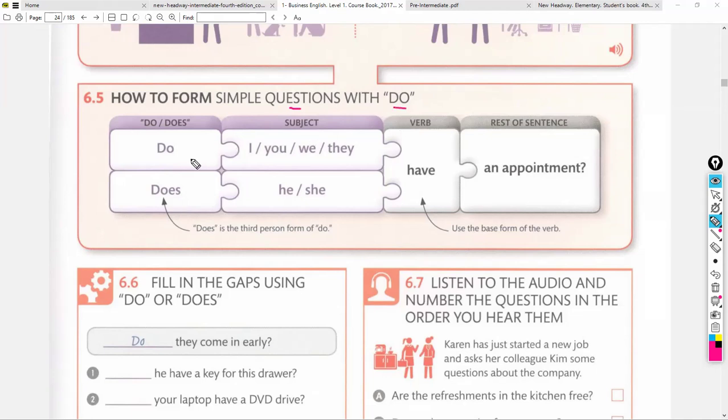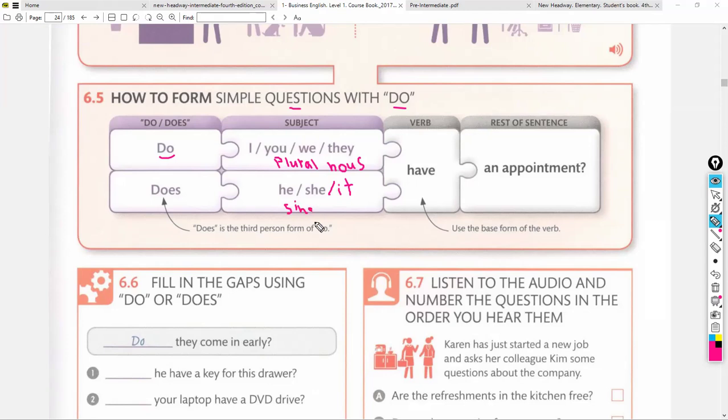Absolutely, I have to use the verb to do. So do is with I, you, we, they, and even with the plural noun. Let me write the plural noun. And I can use does with he, she, it, and even with a singular noun.